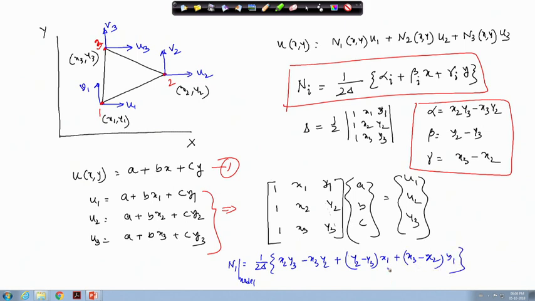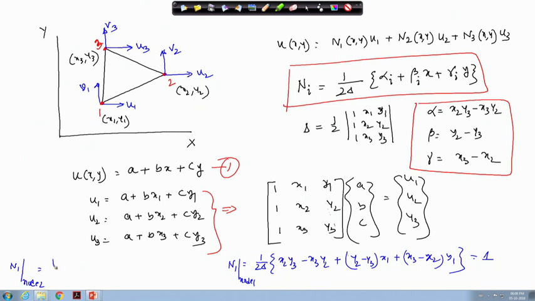If I do that, you will see that this is essentially the determinant of this, so this becomes 1. Now, let us do the same exercise and calculate the same N1, but at node number 2.